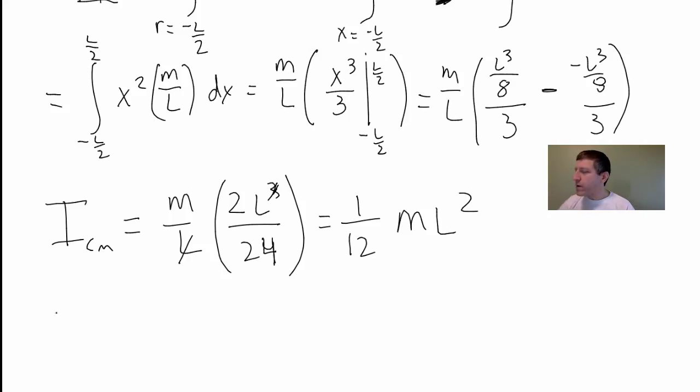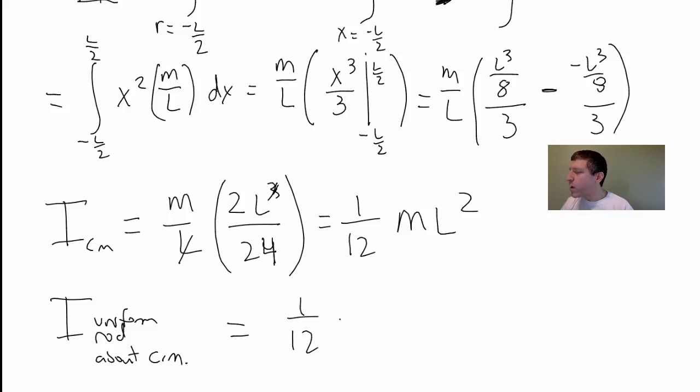So in other words, bottom line, I of a uniform rod about the center of mass is equal to 1/12 M L squared. Using the parallel axis theorem, you can figure out that about one of the ends, it'll be 1/3 M L squared.